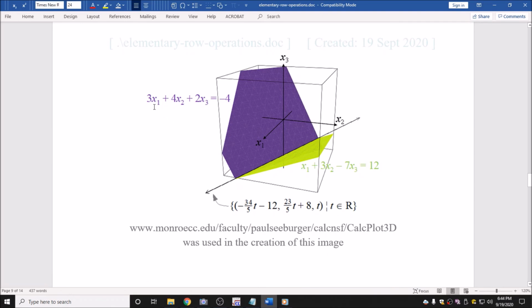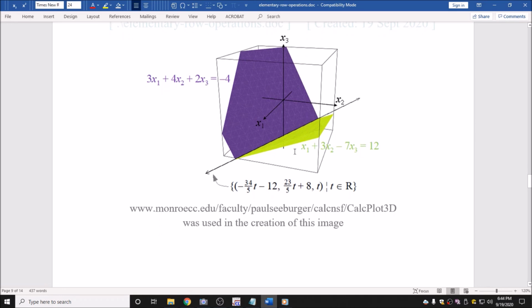Here we have the graph of our linear equation x1 plus 3x2 minus 7x3 equals 12. And we also have the graph of 3x1 plus 4x2 plus 2x3 equals negative 4. Their intersection happens to be that line, and that line is described by the set of all points in R3 with this parametric description.